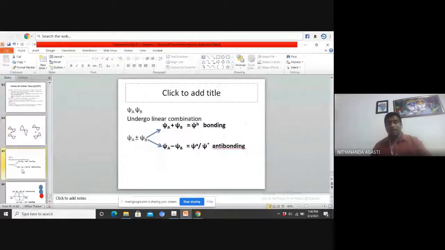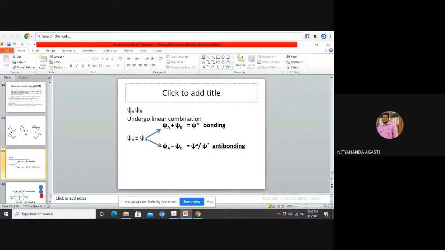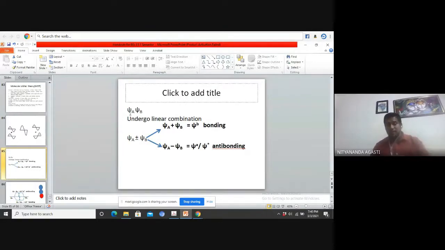When we say linear combination, let us say, for example, two atomic wave functions of two atoms. Psi A is the atomic wave function of atom A, and psi B is the atomic wave function of atom B. When both undergo linear combination, we need to consider positive and negative combination, additive and subtractive. When both atomic orbitals are in the same phase, that will be positive combination.